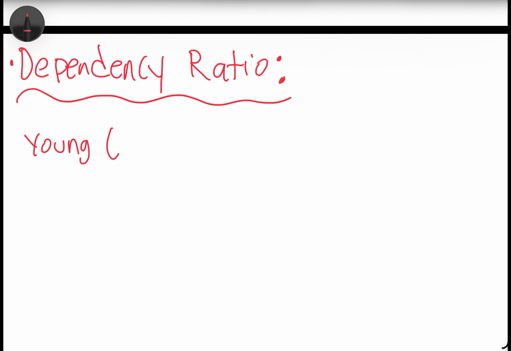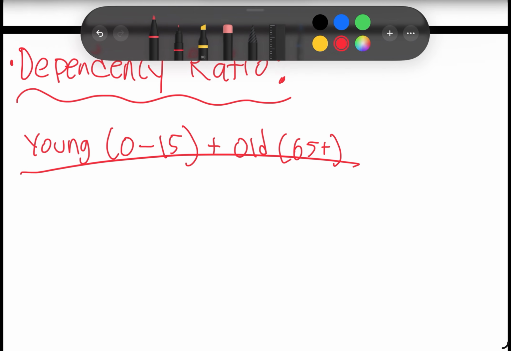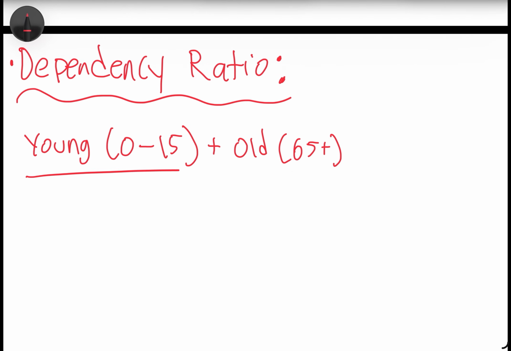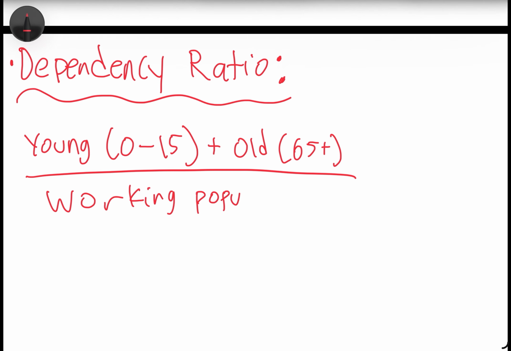which is 0 to 15, plus old, which is 65 plus, so people older than 65, divided by the working population, which is anyone in between that range, times 100.